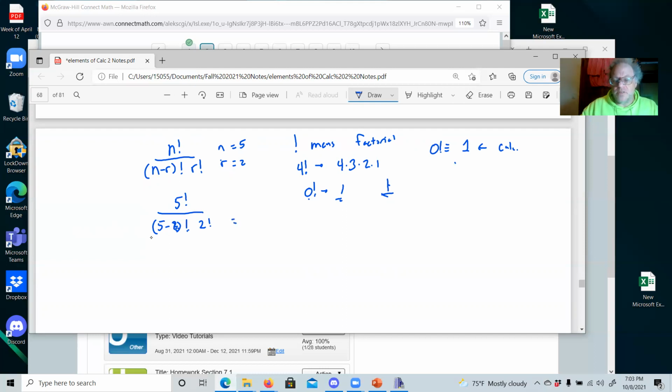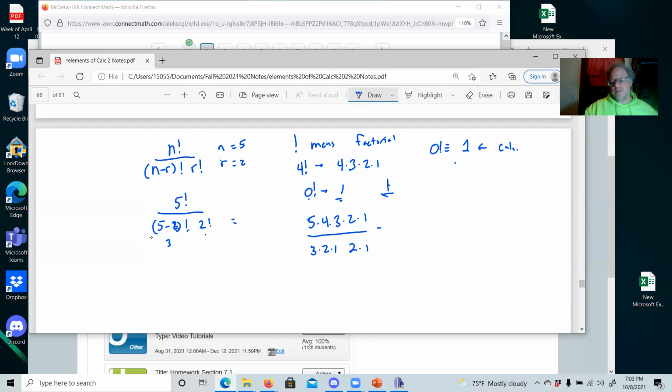All right, so this is 5 times 4 times 3 times 2 times 1. That's my 5 factorial. Now 5 minus 2 is 3, so we need 3 factorial here, which is 3 times 2 times 1. 2 factorial is 2 times 1.